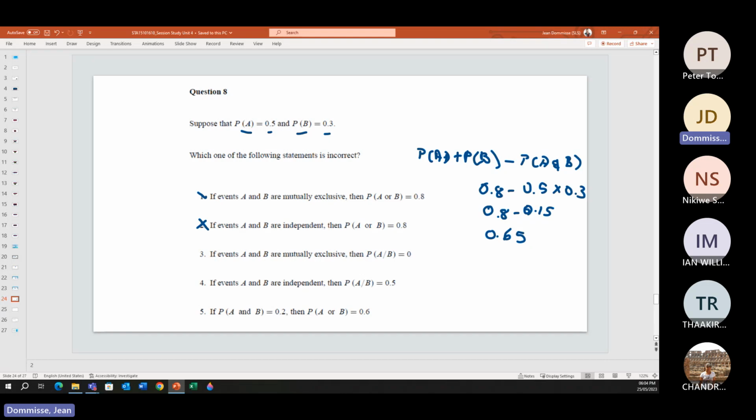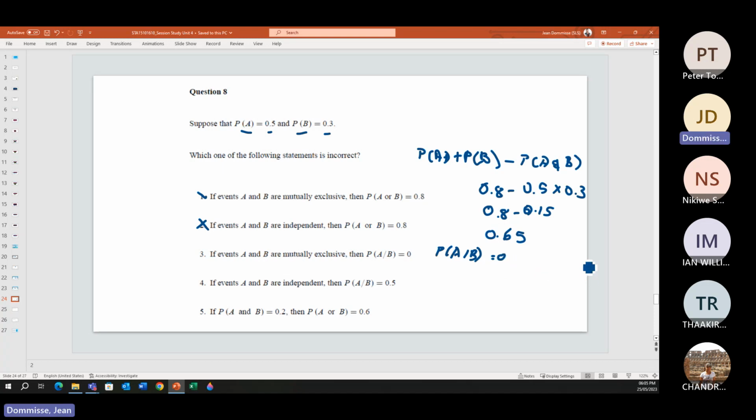See, this is also showing, in this example, that you can't be mutually exclusive and independent, but it's not always like that. It doesn't mean it's always like that, but in this example it is definitely the case. Okay, if events A and B are mutually exclusive, then the probability of A given B is equal to 0.